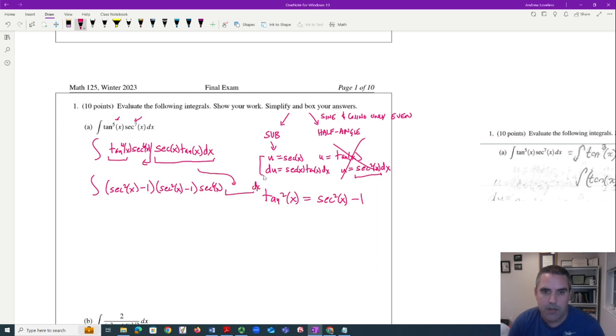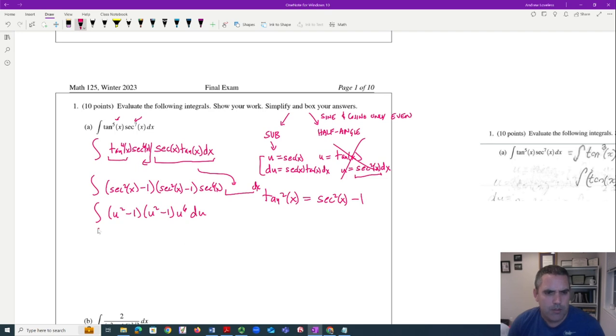But the whole point of all that is now it's ready for a substitution. It's going to be u squared minus 1, u squared minus 1, u to the 6th du. And you can see the entire method is driven by trying to pull out the derivative.